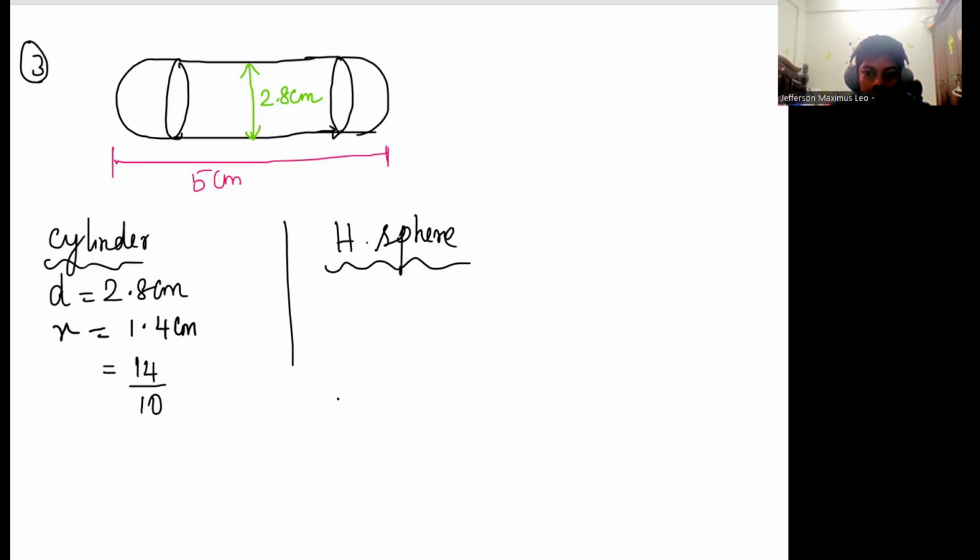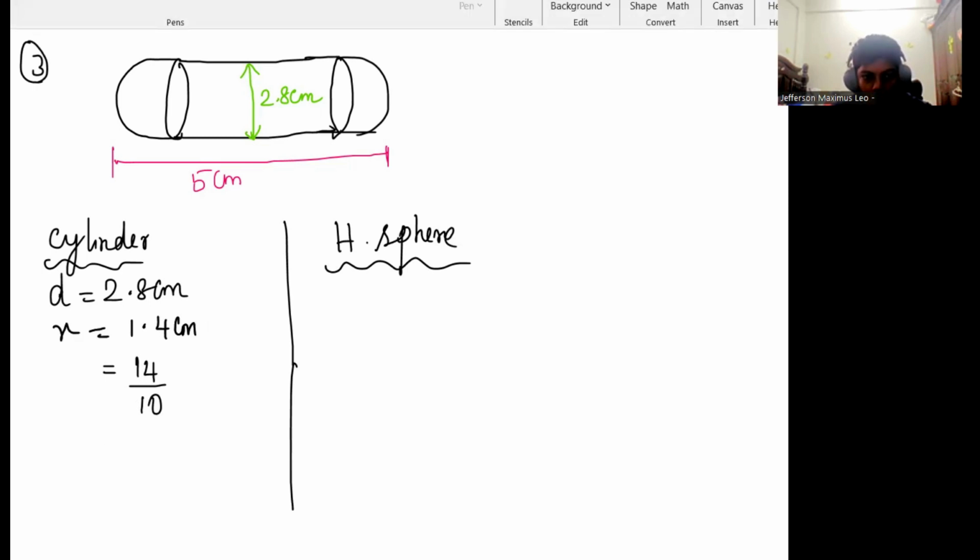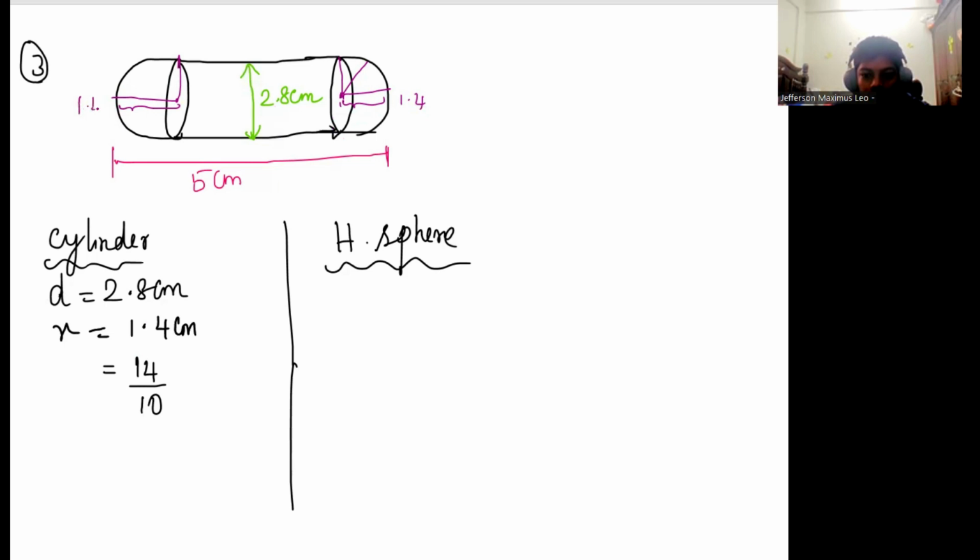Height is not given separately. From the center point moving anywhere, all represent radius. So radius is 1.4. This length is 1.4, and similarly this length also is 1.4.